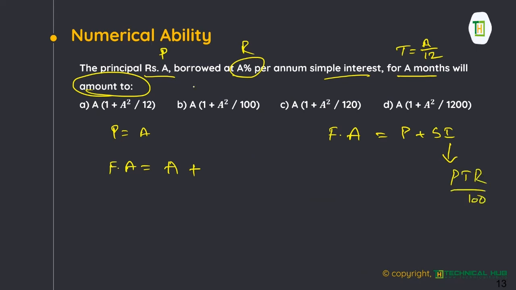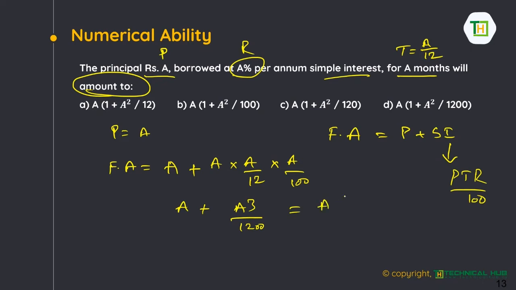Here P is equal to A, and the time period is A by 12 years, into rate of interest A percentage, so A by 100. Now here it is A plus A cube by 1200.